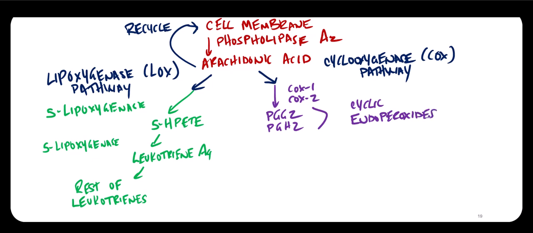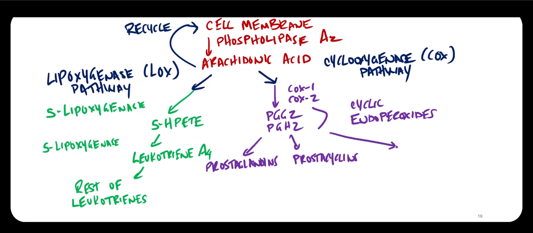So we've got those, and they're actually going to go to three different molecules. If we use prostaglandin synthase, we're going to make prostaglandins. If we use prostacyclin synthase, we'll make prostacyclins. We'll talk about all of these in a few minutes. And if we use thromboxane synthase, we'll make thromboxanes.